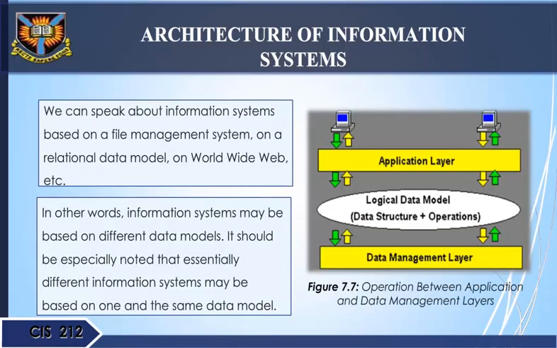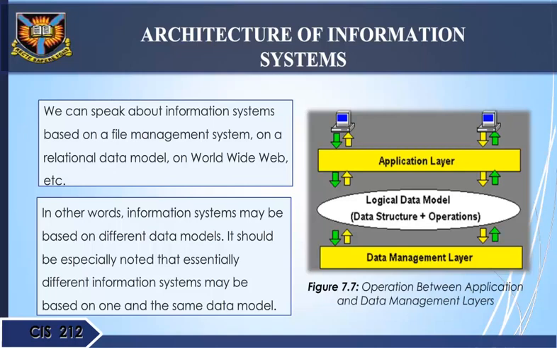We can speak about information systems based on a file management system, on a relational data model, on the World Wide Web, etc. In other words, information systems may be based on different data models. It should be especially noted that essentially different information systems may be based on one and the same data model.